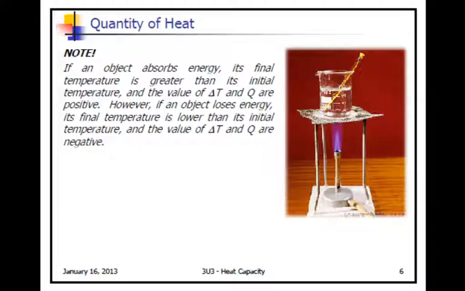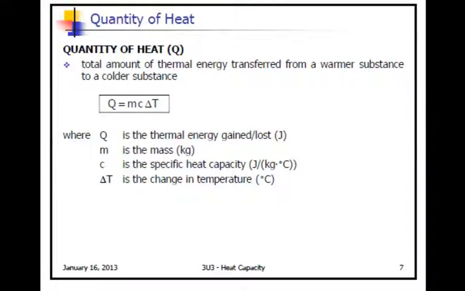So if an object absorbs energy, then its final temperature is greater than its initial temperature. That means the value of delta T is positive and the value of Q is positive. But if an object loses energy, the final temperature is lower than the initial temperature. That means the value of delta T is negative and Q is negative.